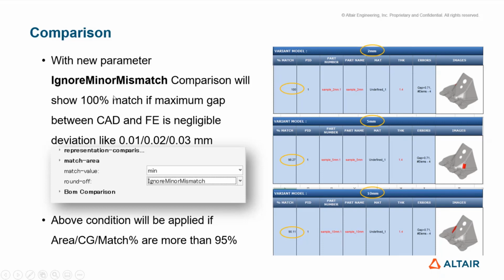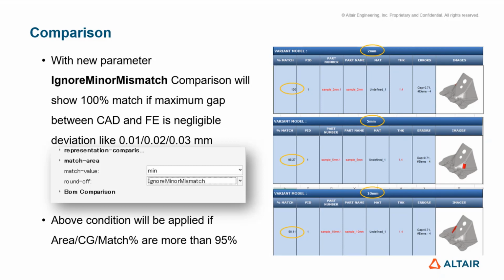With this option, if the CAD is matching with the FEM data and each and every node of the FEM data lies on the CAD, and the distance between those nodes and the CAD is less than a certain value, for example, 0.01 millimeter, 0.02 millimeter or 3 millimeter, and if the centroid of both parts, the area of both parts, and the match percentage of both parts are above 95%, in this case, we can judge these parts are 100% matching. So we have come up with this kind of new parameter.